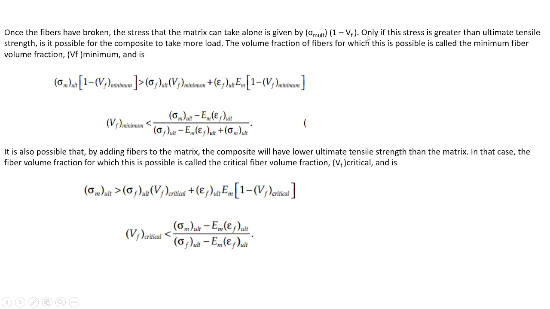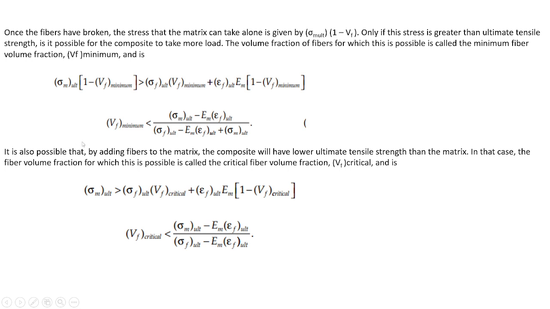Only if this stress is greater than the ultimate tensile strength of the whole composite is it possible for the composite to take more load. The volume fraction of the fiber for which this condition is possible is known as the minimum fiber volume fraction, and this is the equation to solve it.